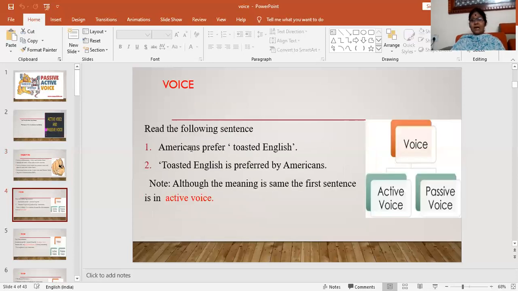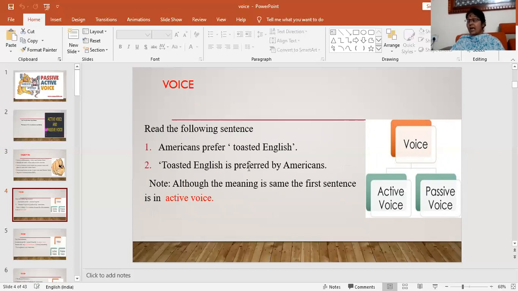So let me start again with an example from the text that you have. This says that Americans prefer toasted English, right? Now the same sentence is said in another way, that is, toasted English is preferred by the Americans.